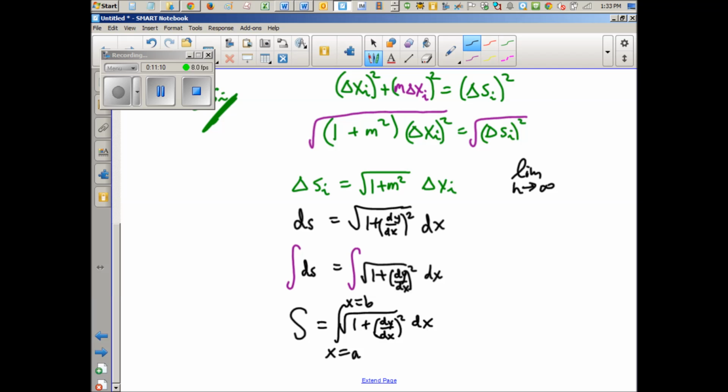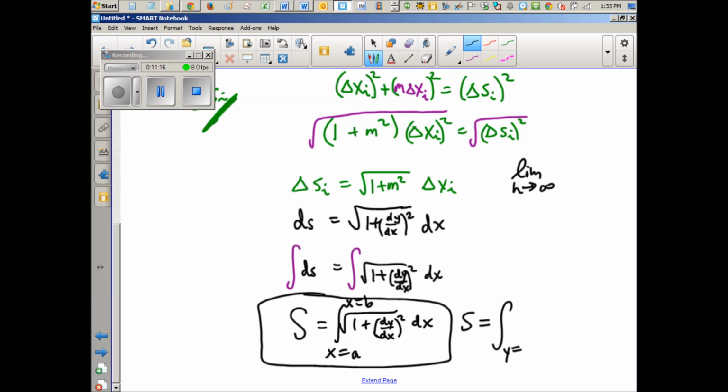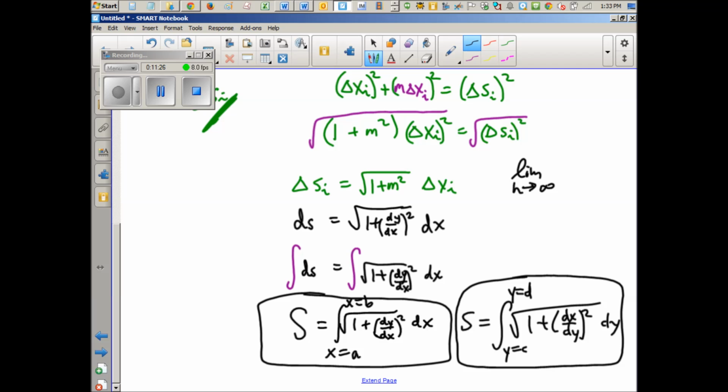Okay. I will not rederive the second formula of the day, but you can also use this if you so desire. The derivation for this is exactly the same game, but instead of treating rise as slope times run, we treat run as 1 over slope times rise, and the whole thing becomes this.